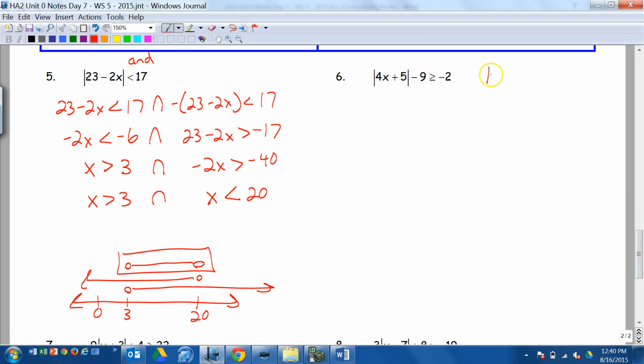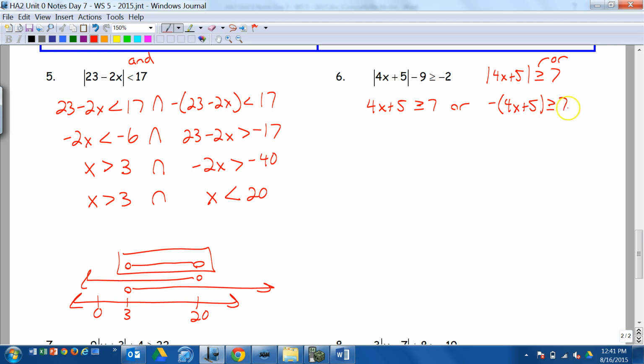So we have absolute value of 4x plus 5 is greater than or equal to 7. This is an OR graph now. Okay, so I have my two equations. 4x plus 5 is greater than or equal to 7, or I have the opposite is greater than or equal to 7.